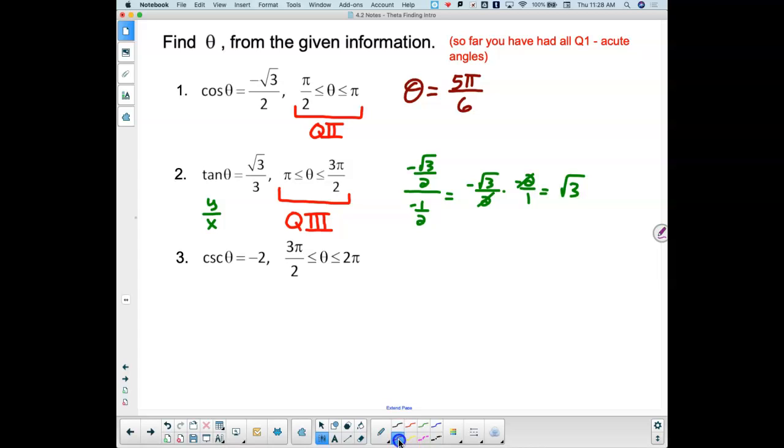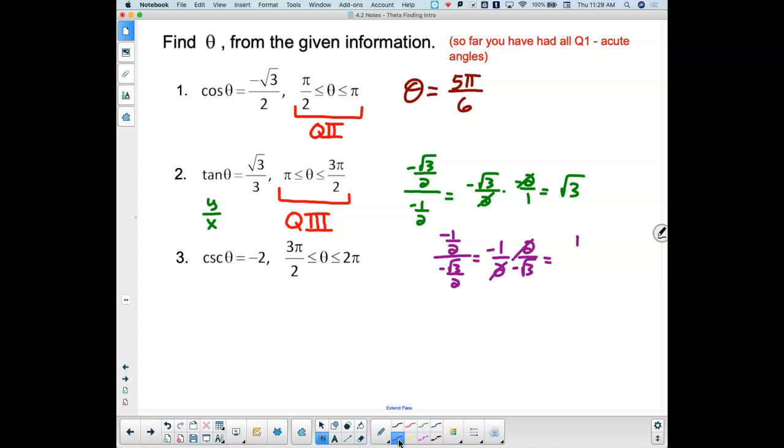Or if you wanted to see that math, it would be negative 1/2 divided by negative square root 3 over 2. That's going to be negative 1/2 times 2 over negative square root of 3. Cancel, cancel.